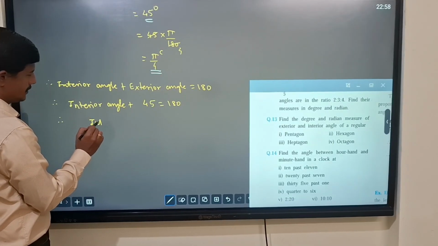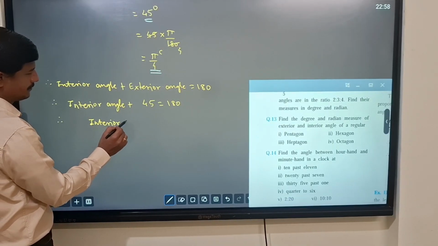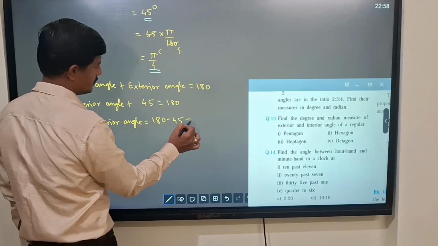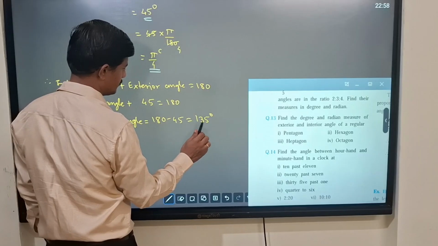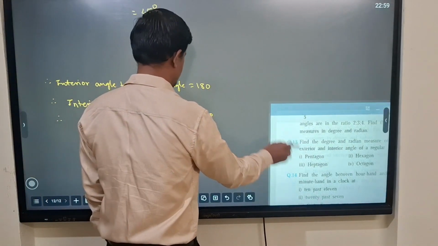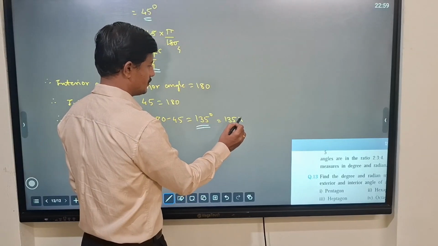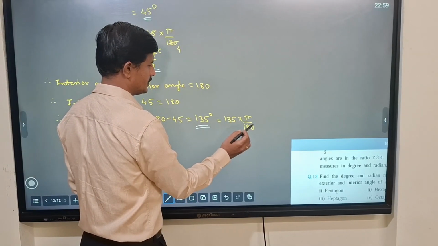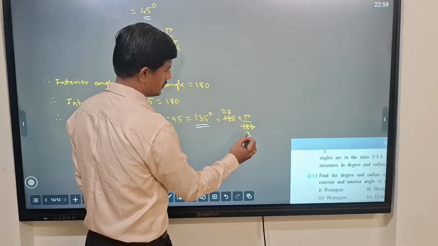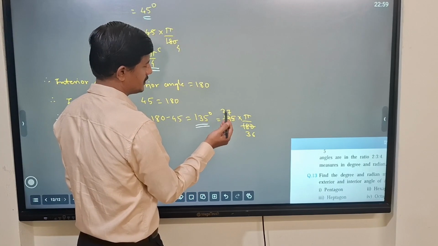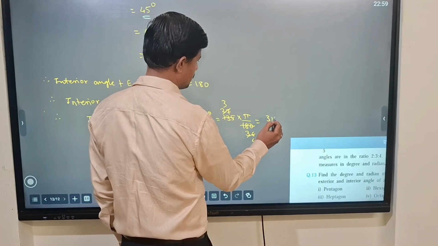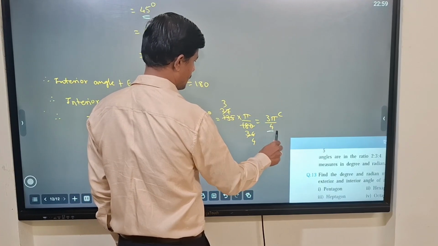Therefore, interior angle is equal to 180 minus 45, that is 135 degrees. Again, to convert it into radian, we have to multiply by pi by 180. 5 2s are, 5 7s are, 5 3s are, 5 6s are. Again, after dividing by 9, 9 3s are, 9 4s are. It becomes 3 pi by 4 radian.